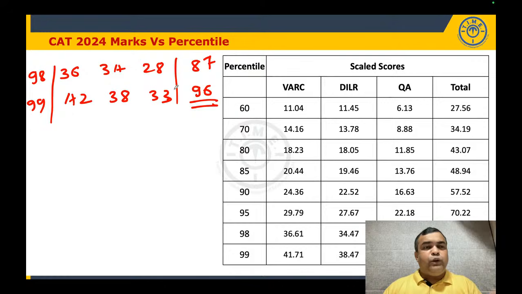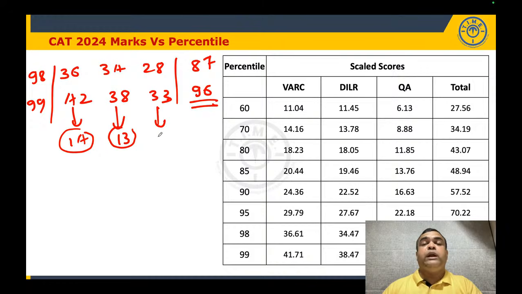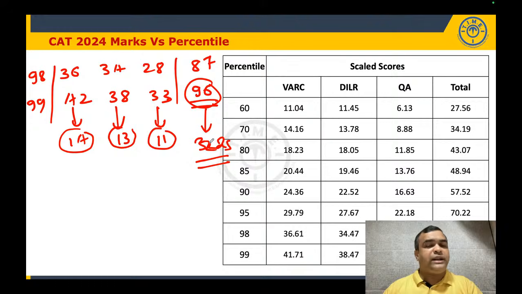Fine. So can you understand, if I want 99 percentile, here 14 questions correct are required, here 13 questions correct, here only 11 questions correct. And overall you require around 96 marks. 96 marks is approximately 32 questions correct.